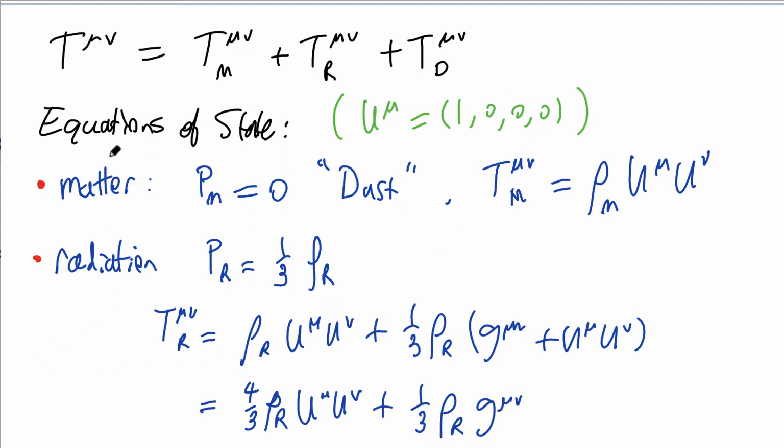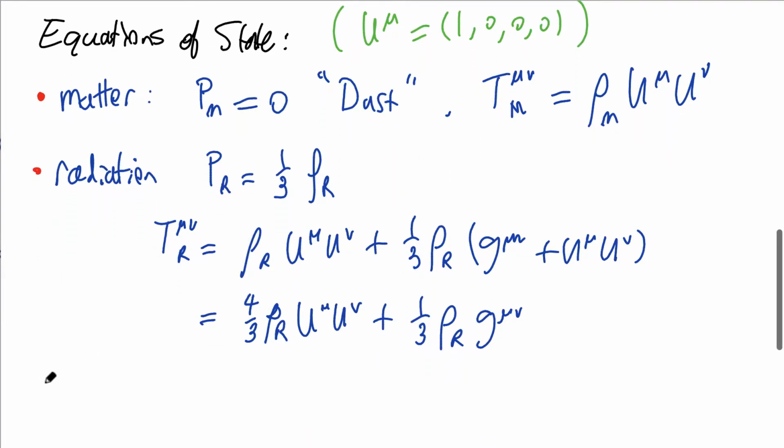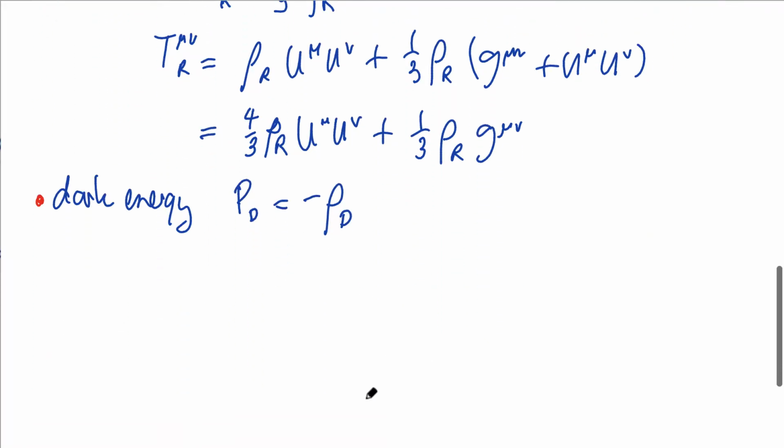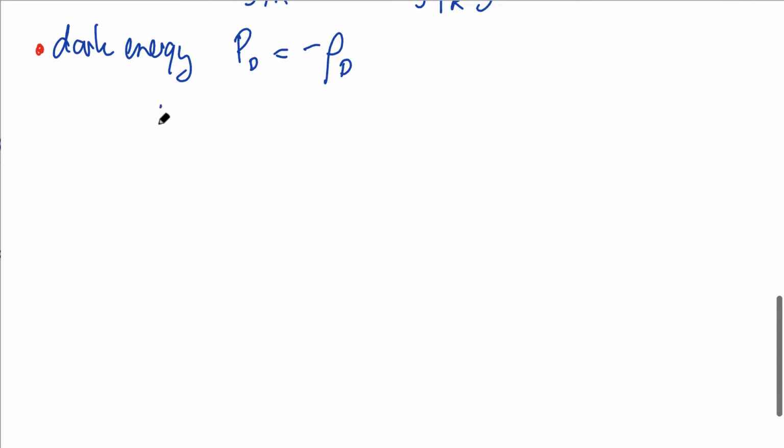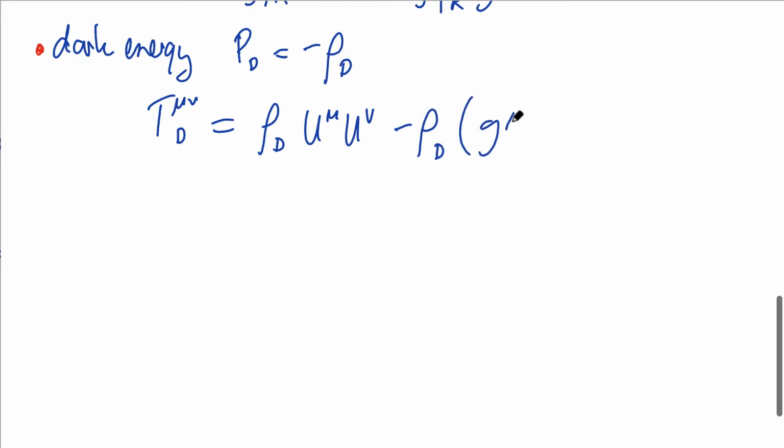And now the equation of state for the third component, the dark energy component. So for dark energy, the pressure is just minus the energy density. So the stress energy momentum tensor for this component is T mu nu dark energy is equal to rho u mu u nu plus the pressure, which is minus the energy density, times g mu nu plus u mu u nu.